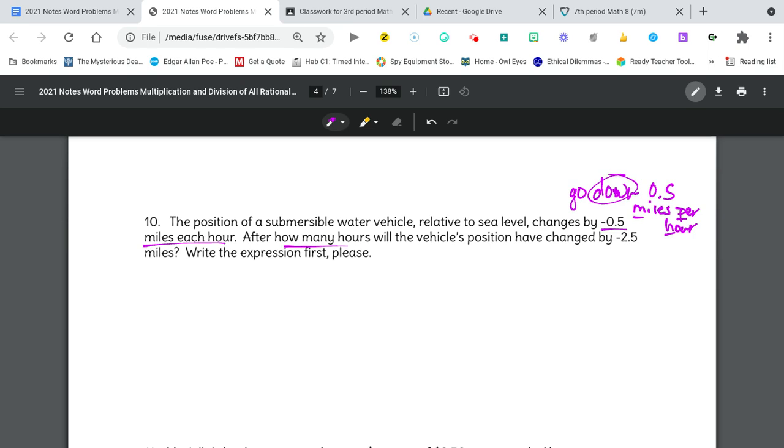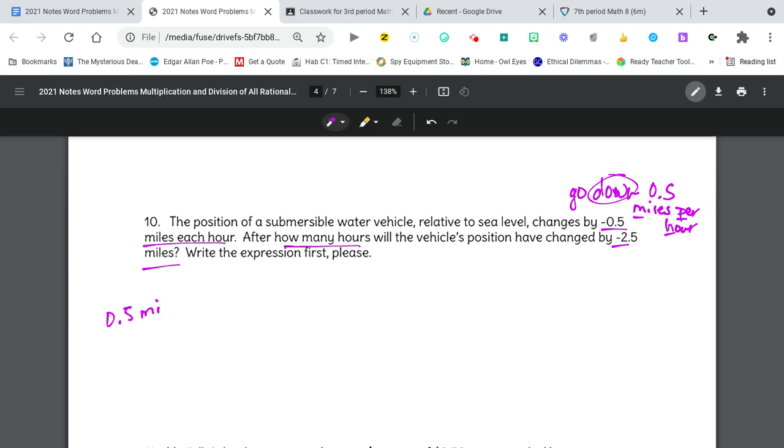After how many hours will the vehicle's position have changed by negative 2.5 miles? Okay, so I want to know how long it's going to take it to go negative 2.5 miles. Write an expression. All right, so somewhere in here, I do have what it goes.